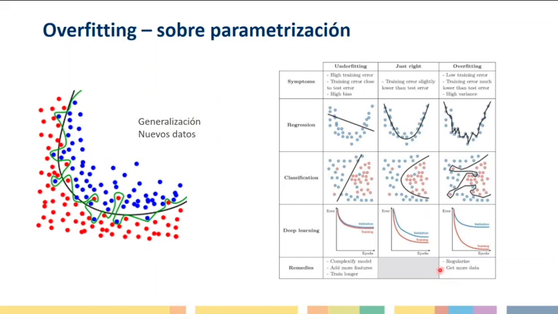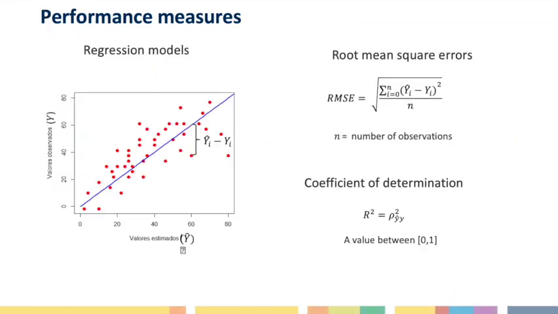So in those cases, it's going to be necessary to look for a model that's not so complex, or sometimes this can be solved by getting more data, more information. So we always have to have a balance between complexity and the general information that the model can have as we assess its performance.